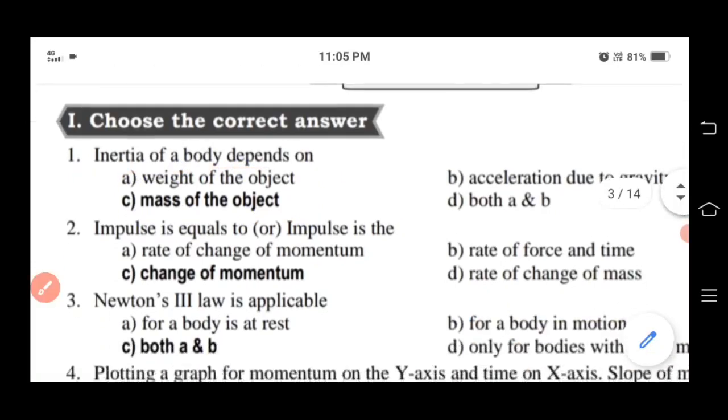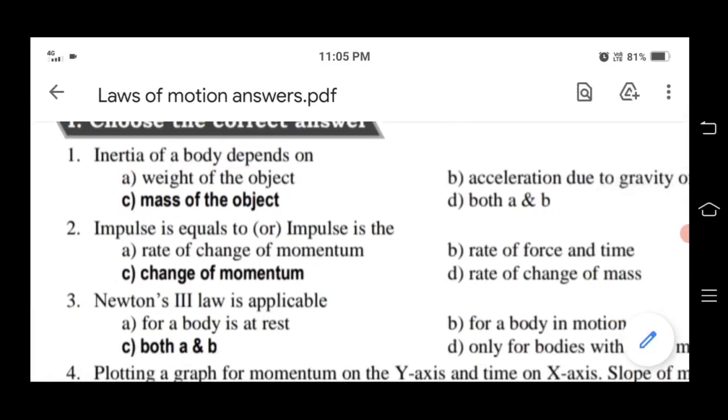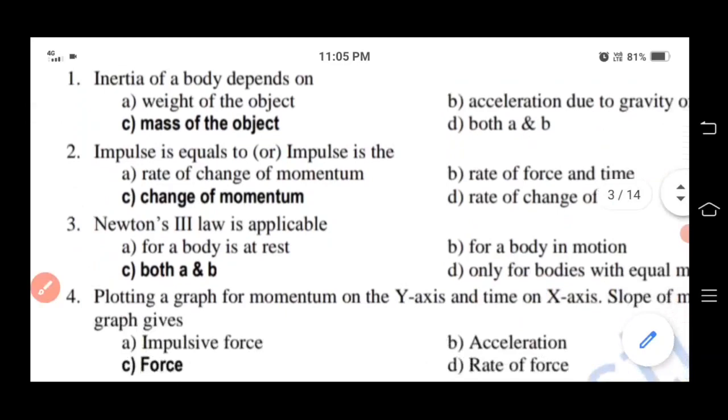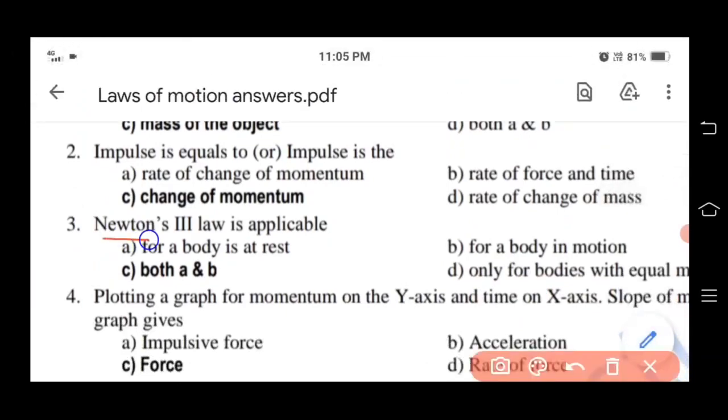And then second question. Impulse is the change of momentum, nothing but simply ΔP. And then third question. Newton's third law is applicable for both A and B: for a body at rest and for a body in motion.